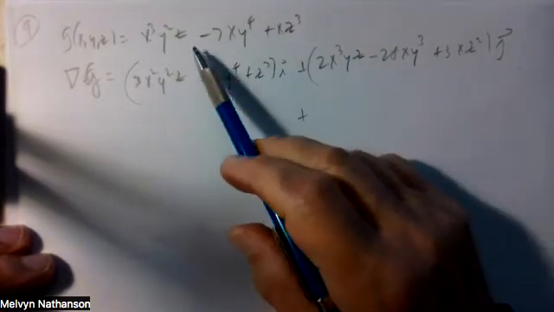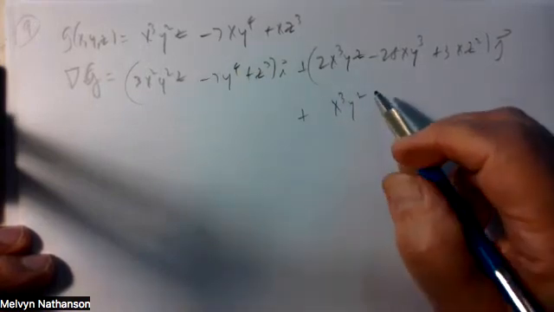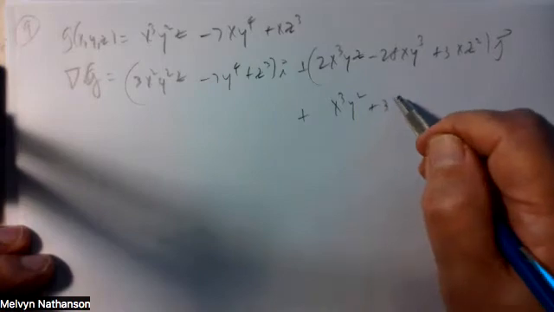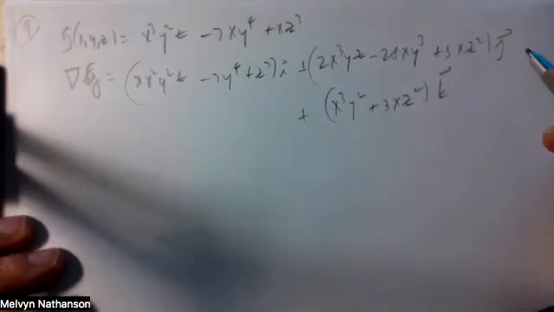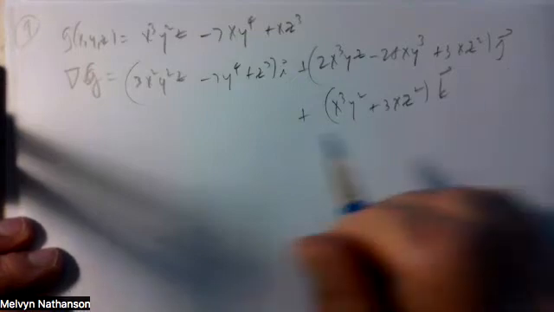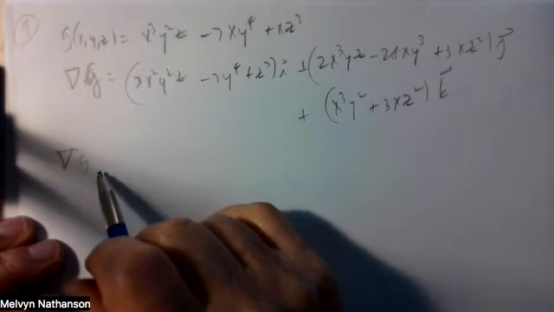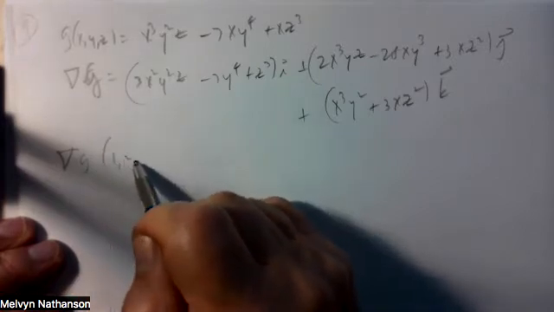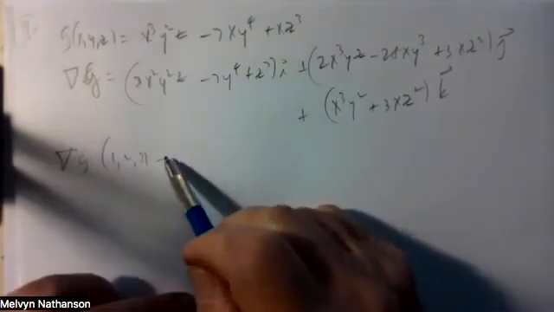And the partial with respect to z is x cubed y squared plus 3 x z squared, k. And if I want to calculate the gradient at the point (1, 2, 3), I just have to do this calculation.